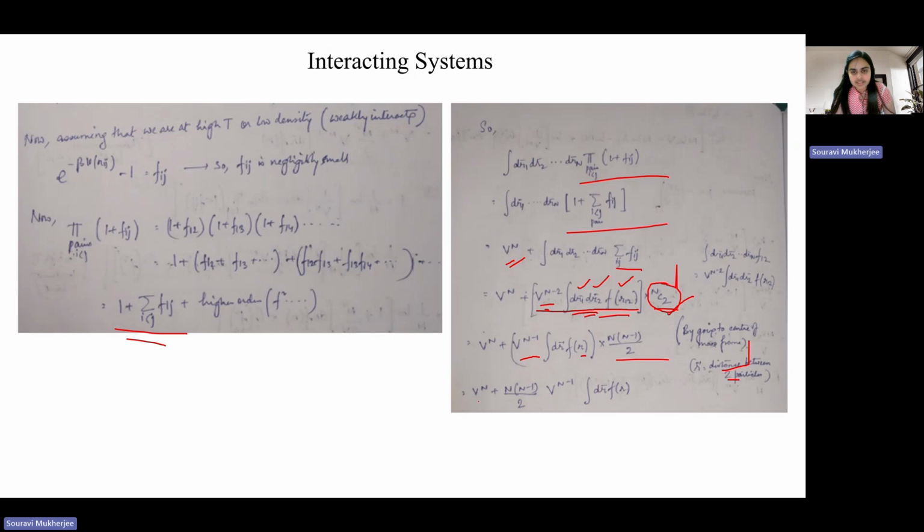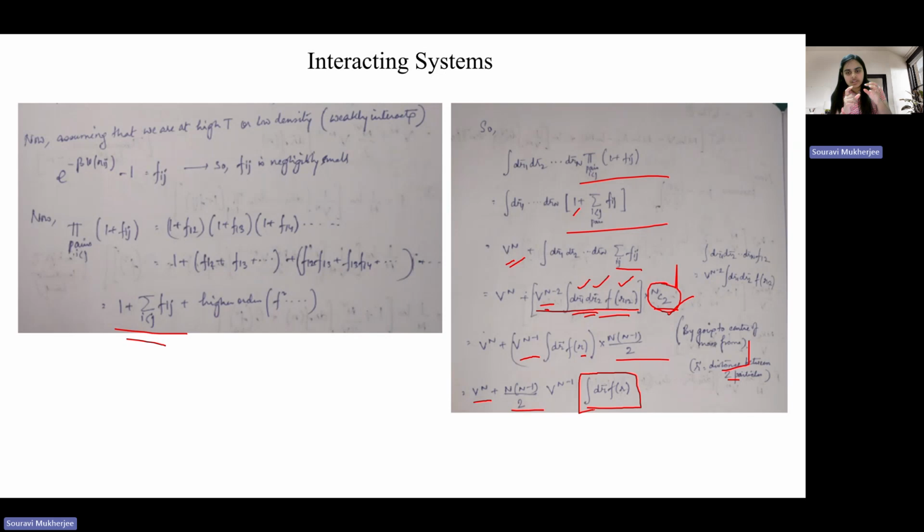So what is this telling you? That's the first term, which is just volume. And then this is about how many pairs you can make. And then you have gone to the center of mass frame, so the only integral that remains is this quantity here. For any particle, you can just choose one of the particles, and in that frame of reference, at some certain distance r, you know what the potential will be for that particle.